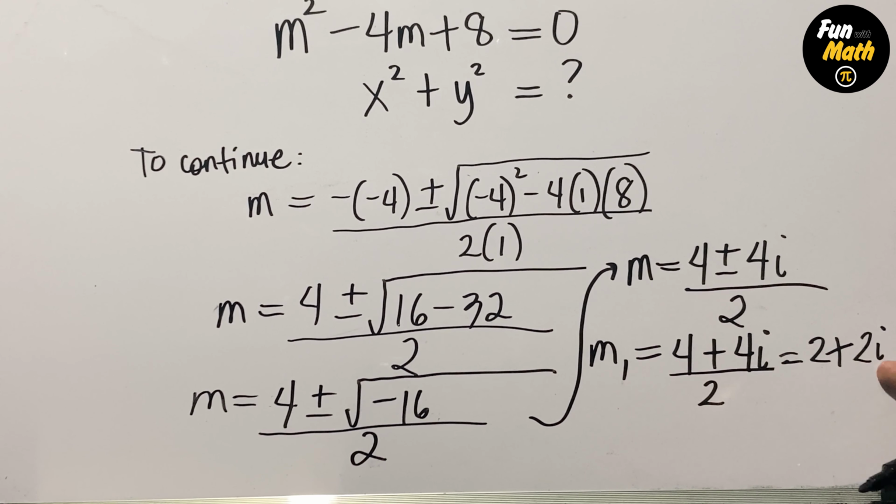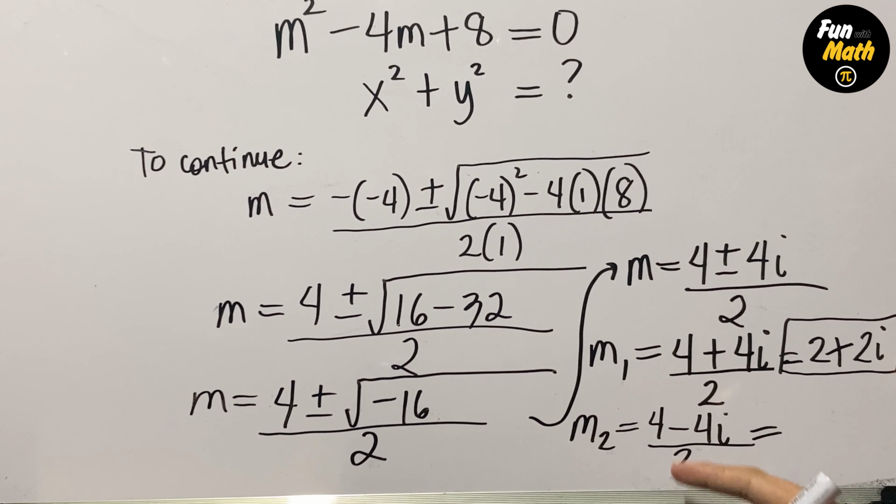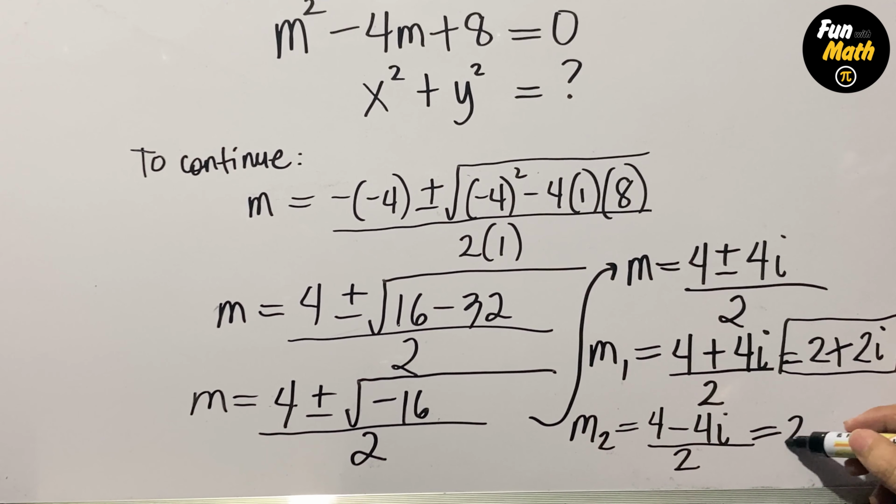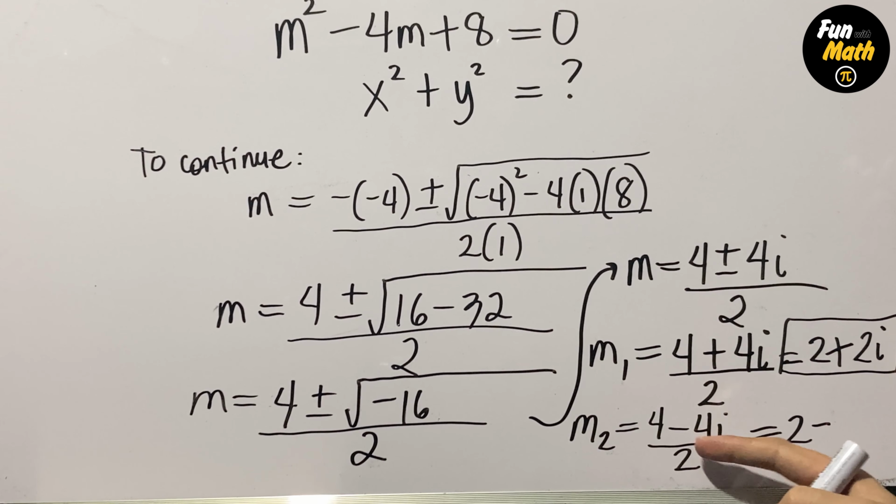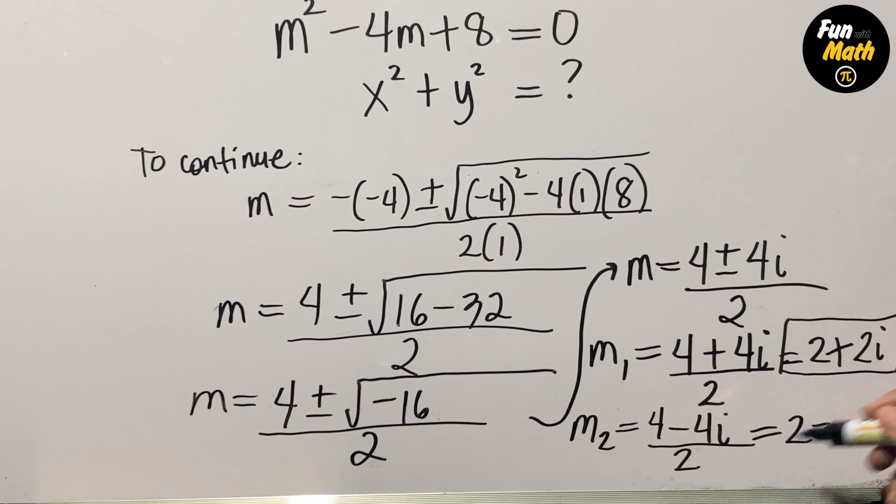This is our m1. And for m2, we have 4 minus 4i divided by 2. And that is equal to 4 divided by 2, that is 2, minus 4i divided by 2, that is 2i. So for m2, we have 2 minus 2i.